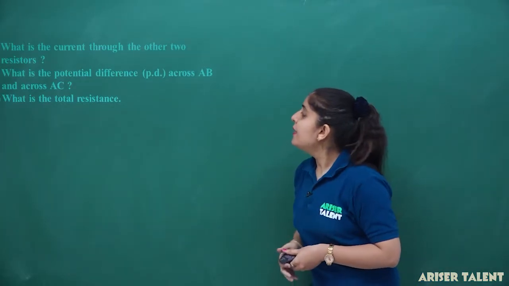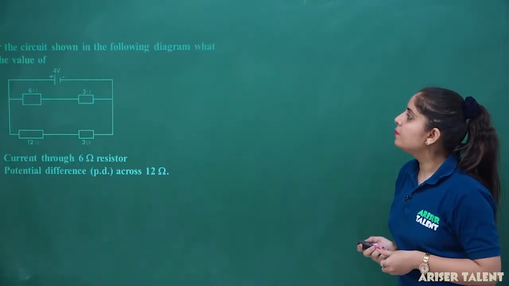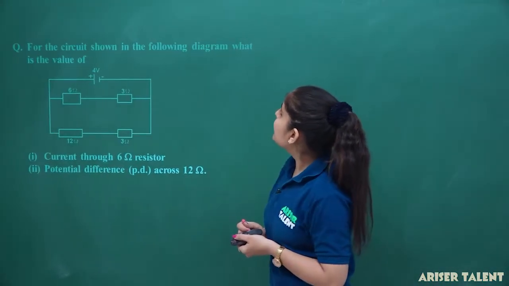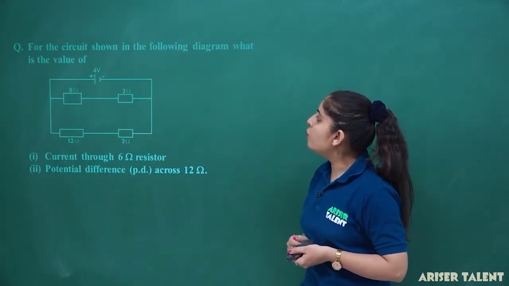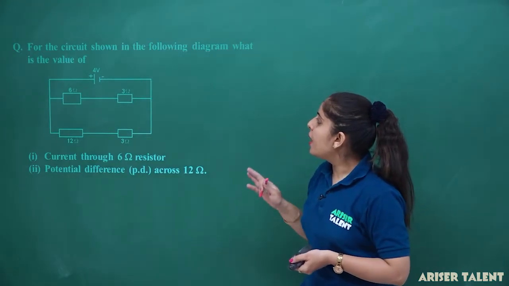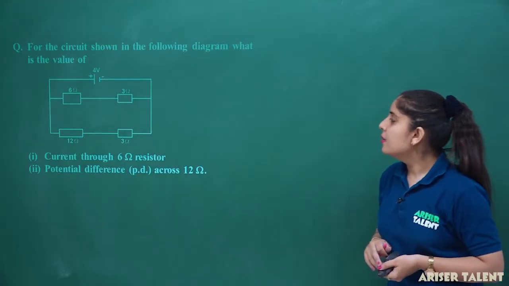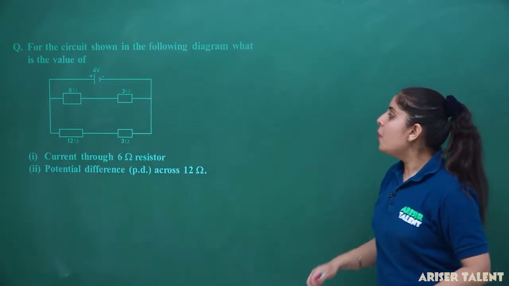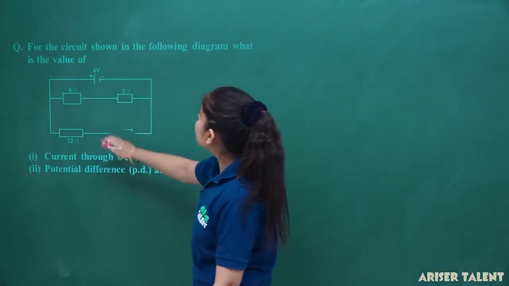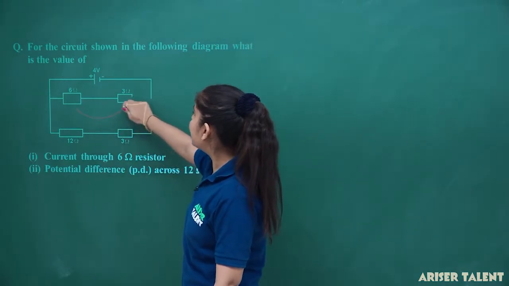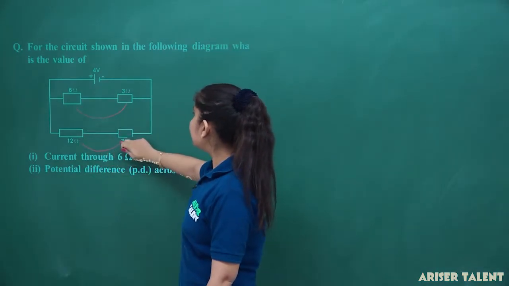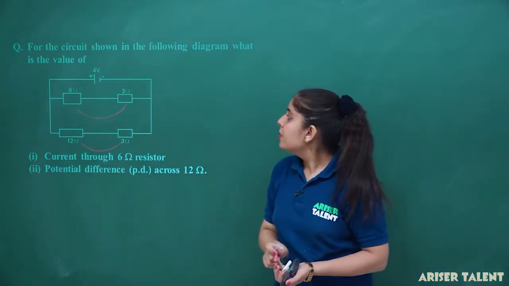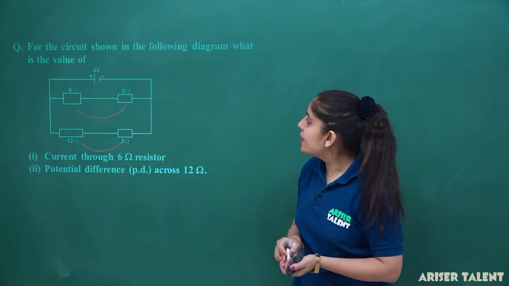For the circuit diagram shown below, find the value of current flowing through the 6 ohm resistor and the potential difference across the 12 ohm resistors. Now, again you can see that these two resistances are connected in series. Again these are connected in series, and this combination will give you the parallel combination here. So firstly solve these equations here.